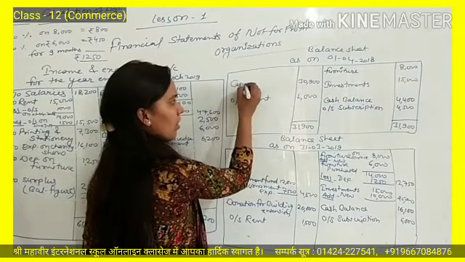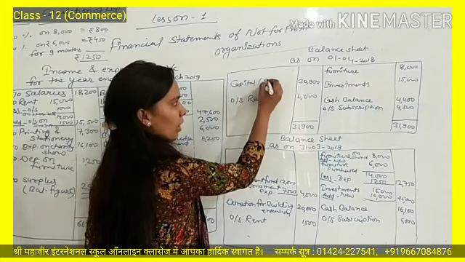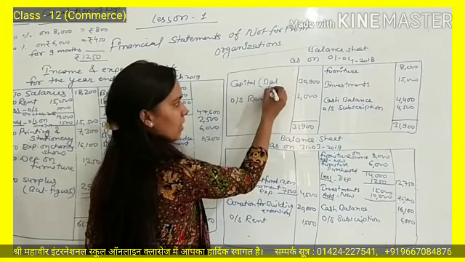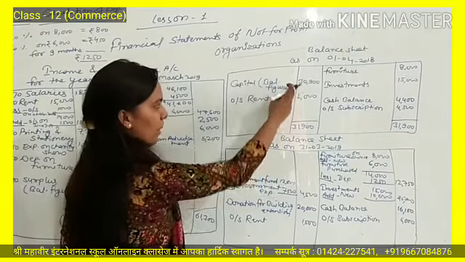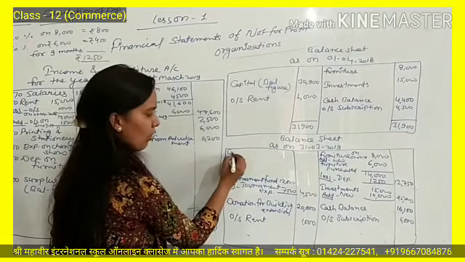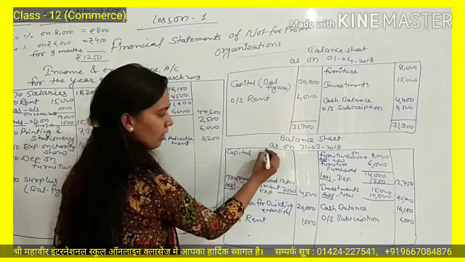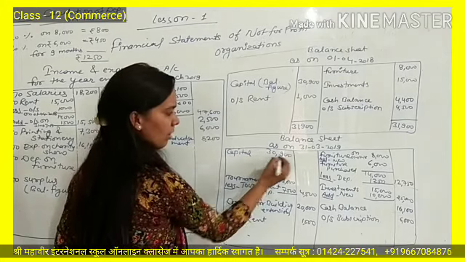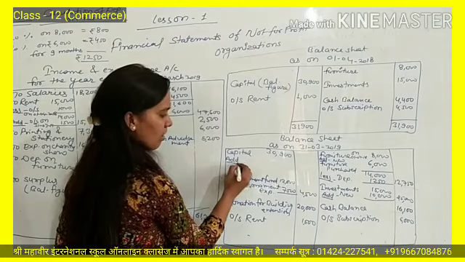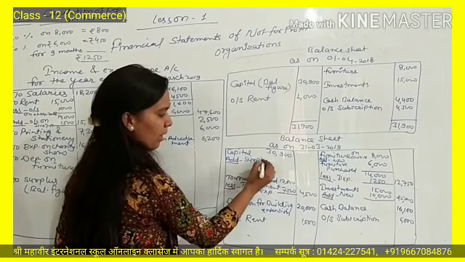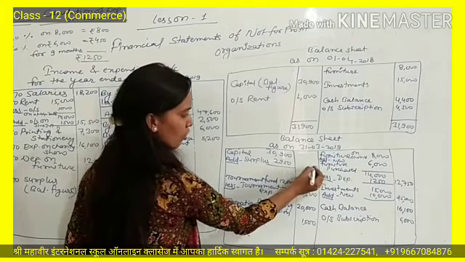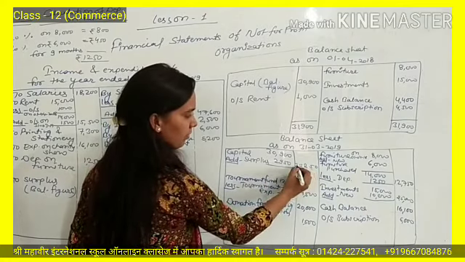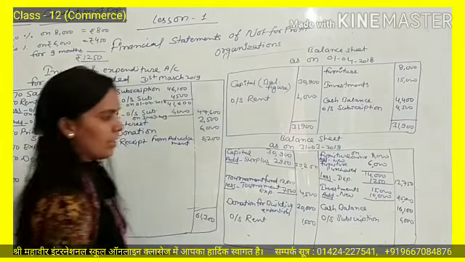This is the capital, or you can write here balancing figure. This capital will be transferred into your closing balance sheet, 30,900, and add to this the surplus amount that we got from the income and expenditure account, 2,950. So your amount is 33,850.